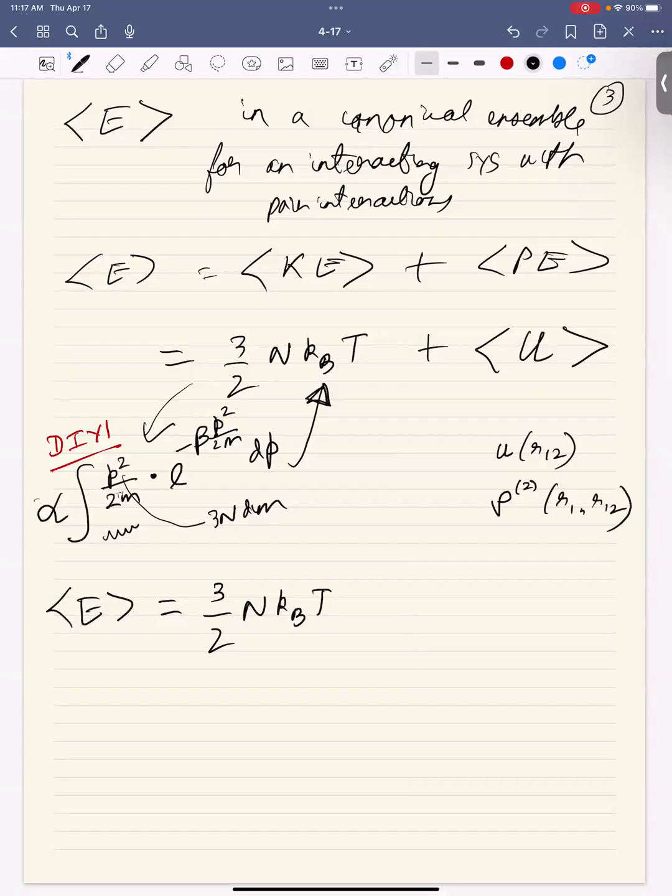It should depend on these two things. It's not going to depend on P2 because the particles are indistinguishable. It will depend on small u, it will depend on rho. Is anyone brave enough, bold enough, stupid enough to, given this information, guess what will be the average value of u?